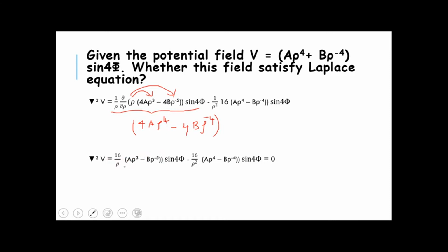This side I have rho square times A rho power 4 minus B rho power minus 4. Either you can take this rho inside or multiply by one rho to make them equal. So this and this become equal, and this minus this will be 0. That tells you that this particular potential field satisfies Laplace equation.